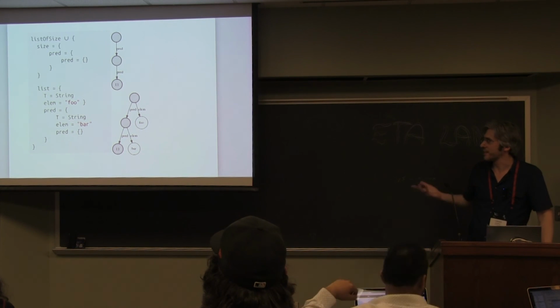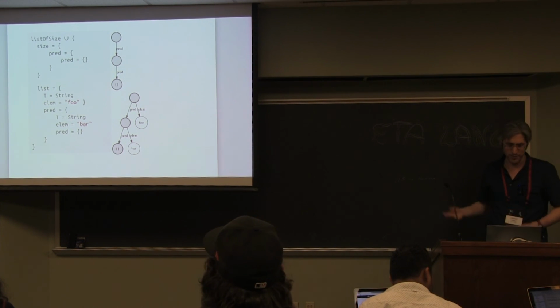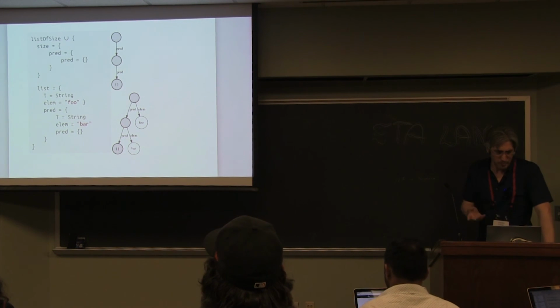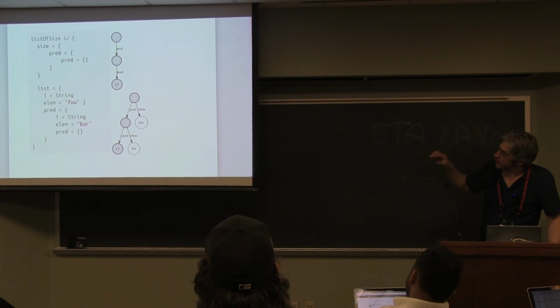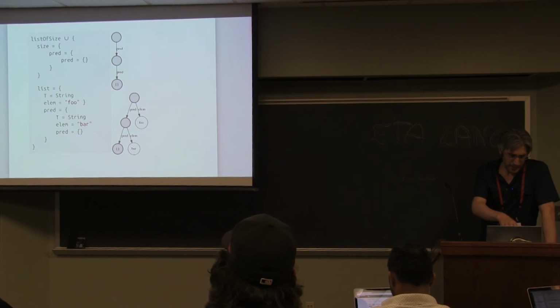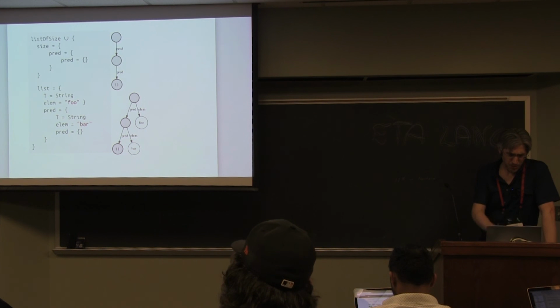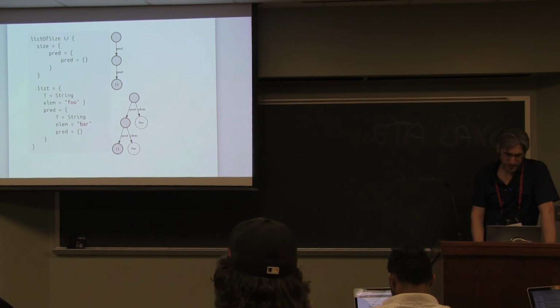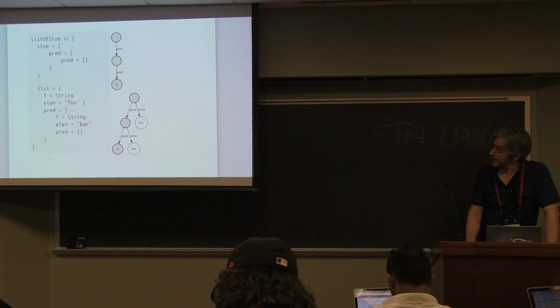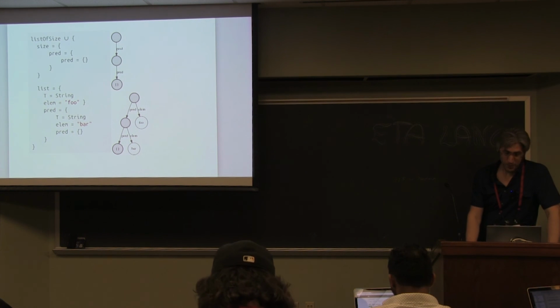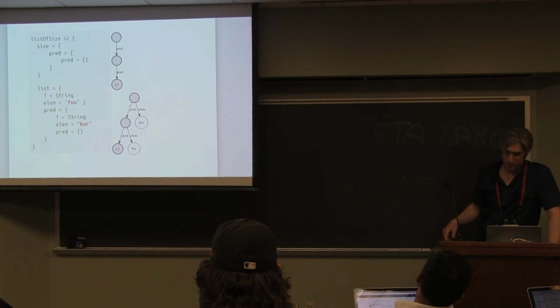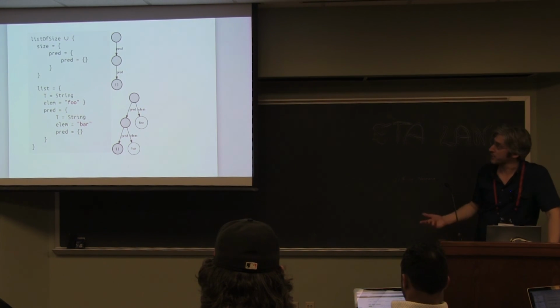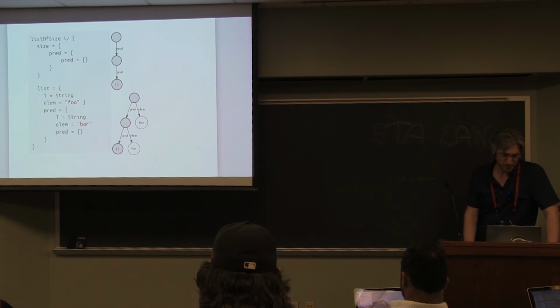And I'm having a list and a natural, so you could have a list of characters. But imagine we already created the string; this is simply to have some values on the list. On this second structure, we have a list where the T is a string and the element is foo, and then it has a predecessor, a link to another cons, which is again T string, the element is bar, and the predecessor is the empty list, which is the empty set.